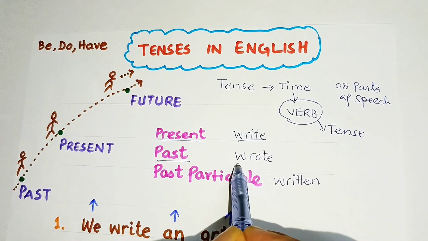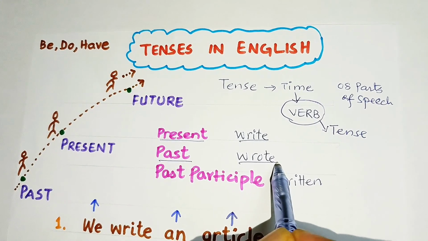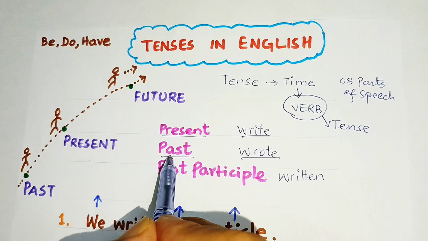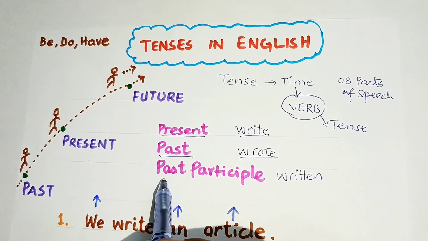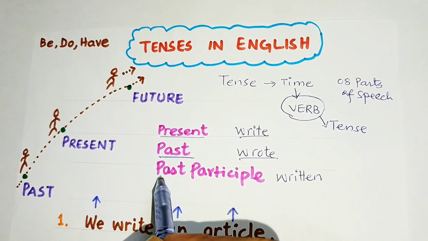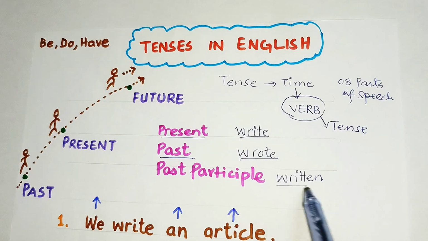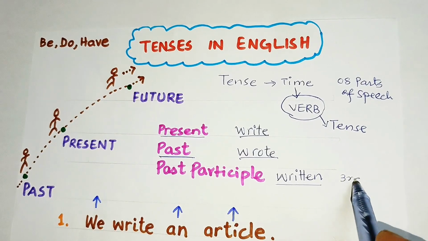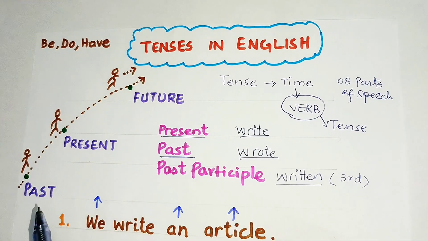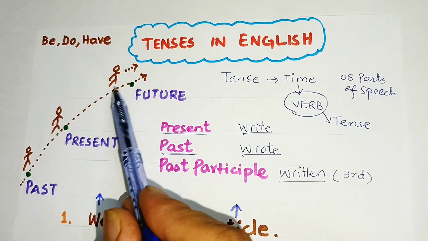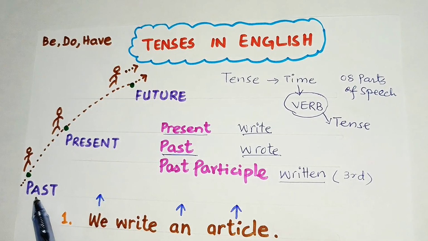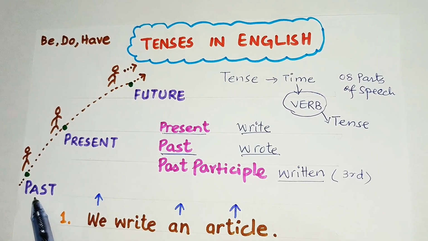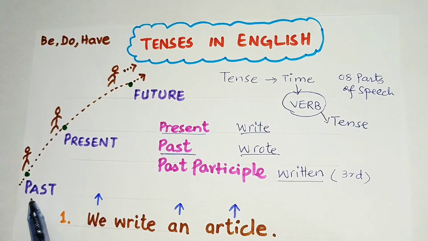The past form of write is wrote, so this reflects past tense, meaning the time that has gone. And the past participle, we call it the third form as well. From this timeline we can understand that the time that has elapsed, or time that has gone, is past tense.